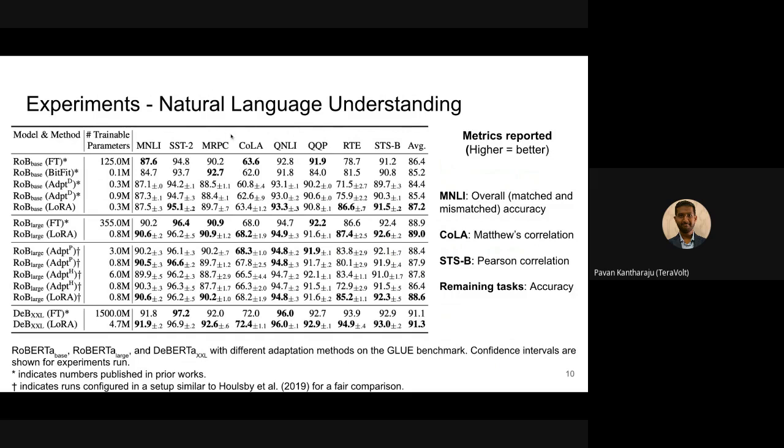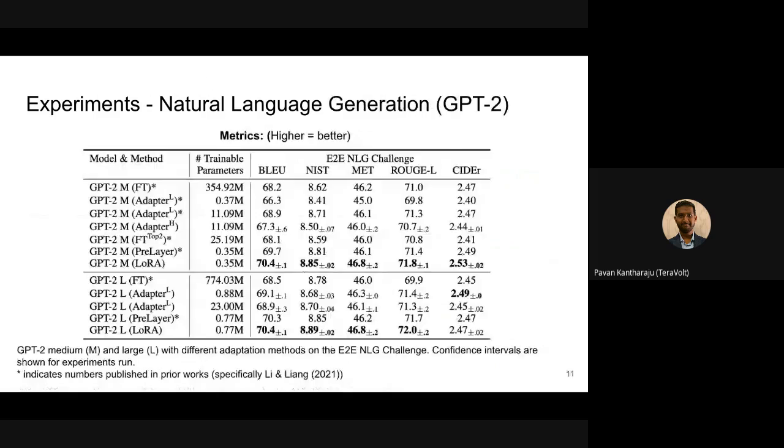It gets better when they look at natural language generation, where they look at GPT-2 and GPT-3. Specifically this slide here will present GPT-2, and the next slide I'll present GPT-3.